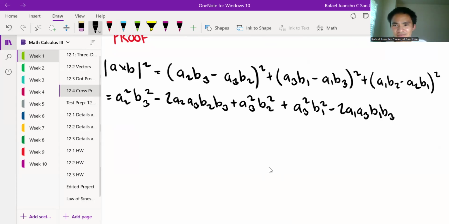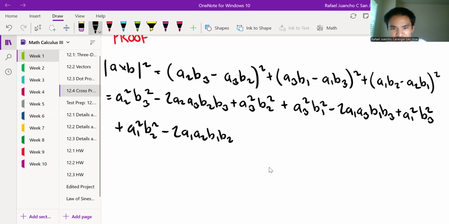Then plus A1 squared B3 squared, and the last one: A1 squared B2 squared minus 2 A1 A2 B1 B2, could be the other way around, doesn't matter, plus A2 squared B1 squared.